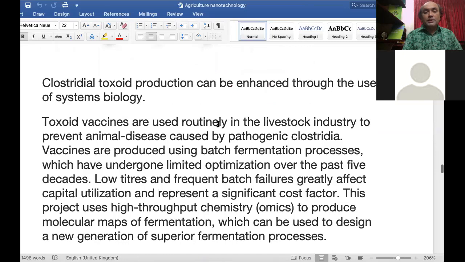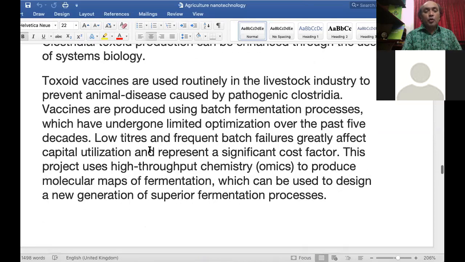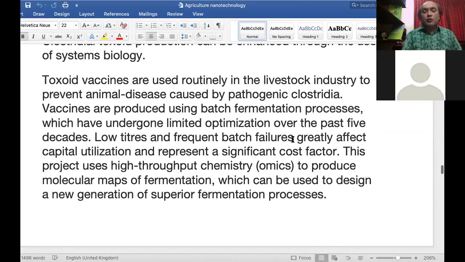So toxoid vaccines are used routinely in the livestock industry to prevent animal disease caused by pathogenic Clostridia. Vaccines are produced using batch fermentation processes, which have undergone limited optimization over the past 5 decades. Low titres and frequent batch failures greatly affect capital utilization and represent a significant cost factor.